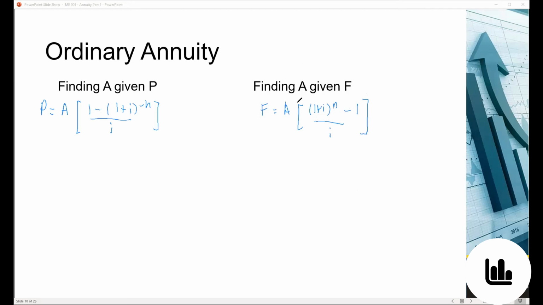Okay? To solve for A, sabihin natin A naman yung hinahanap given ka ng P or F. Okay? Let's solve for A. So, pag tinranspose, magiging P, baliktad lang to technically. Tama? 1 minus (1 plus i) raised to negative n. Tapos sa F naman, A is equal to F multiplied by i, over (1 plus i) raised to n minus 1.